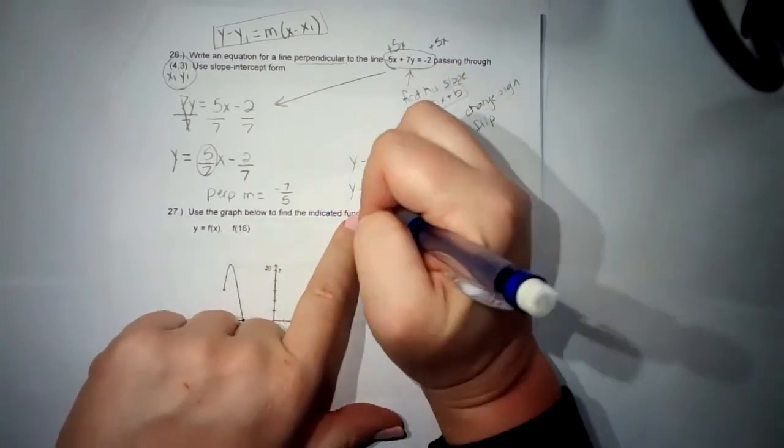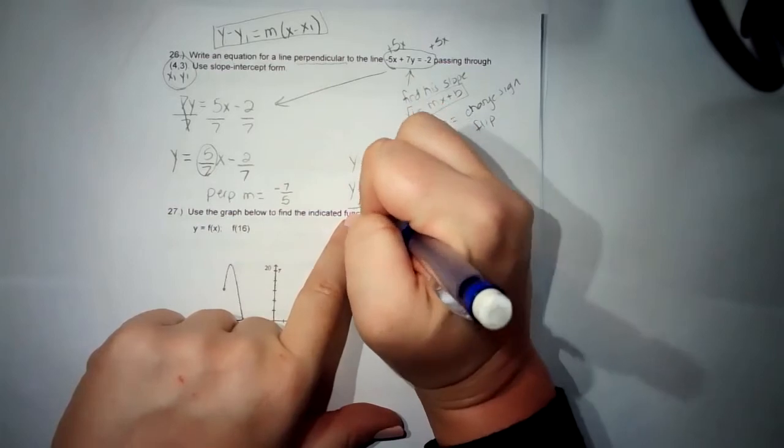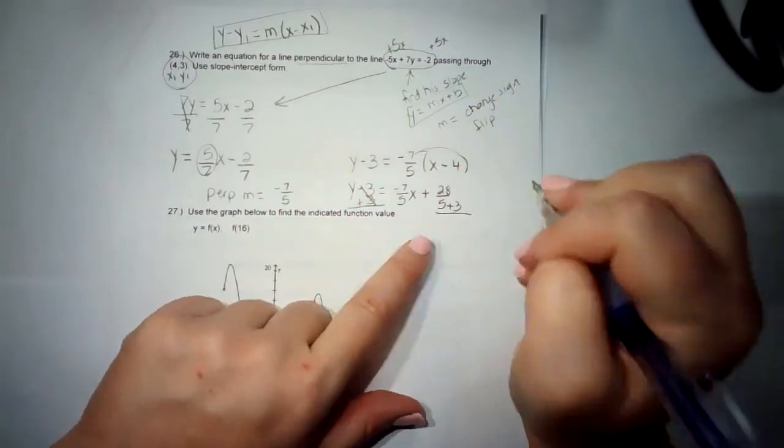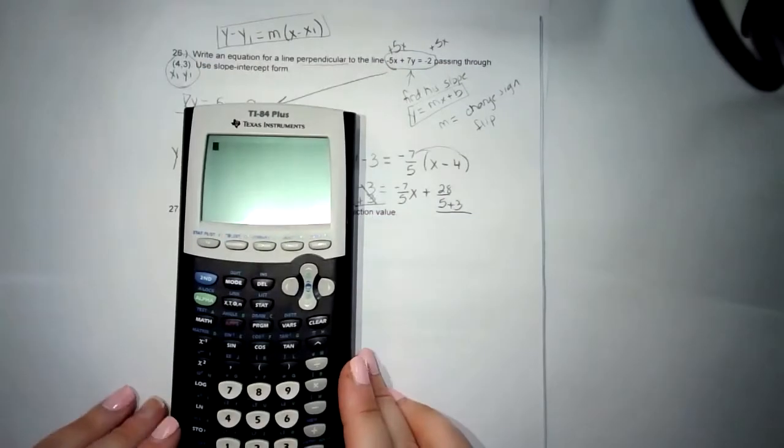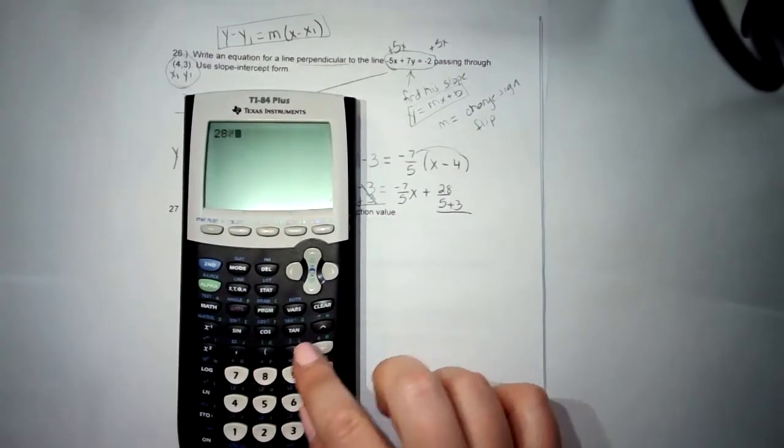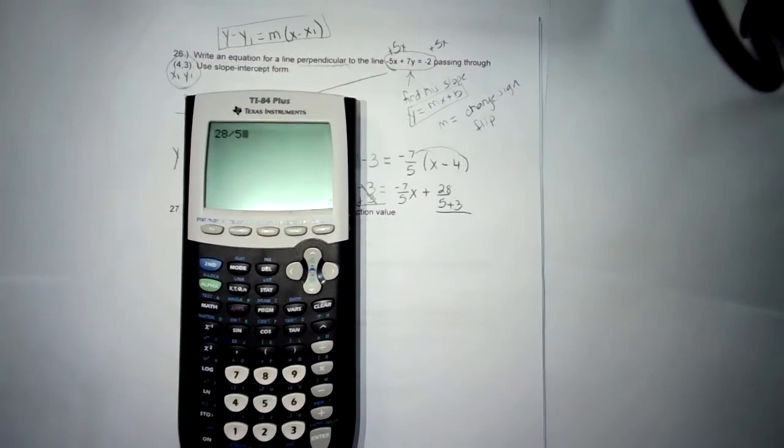Okay, now I need to add 3 to both sides. You can do that right in your calculator. I don't have my little calculator out here, but remember, all I have is the big guy. But remember, you can do 28/5. You can do that little fraction button you guys have on there, right? And then I can add 3.